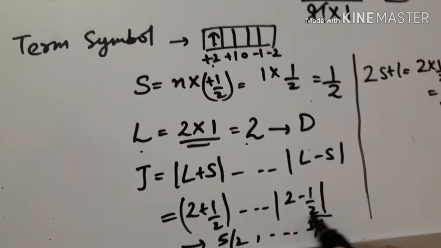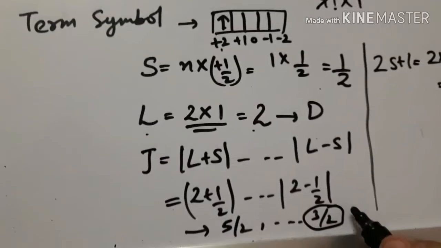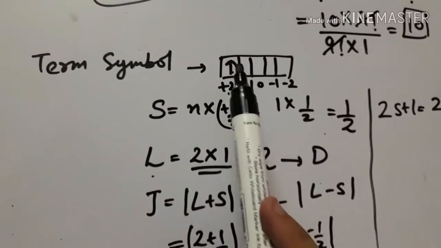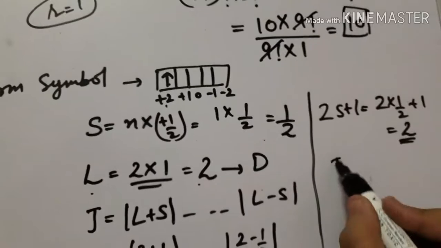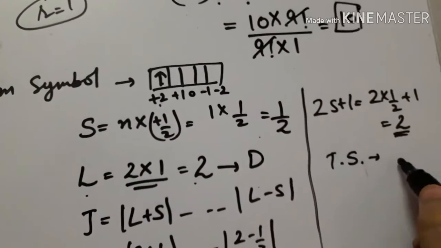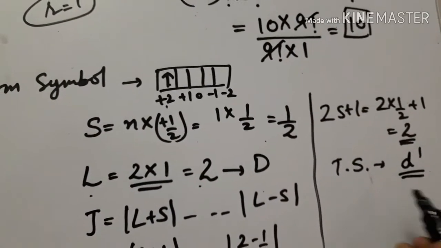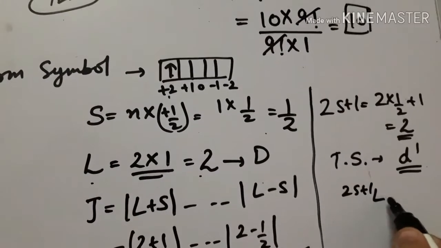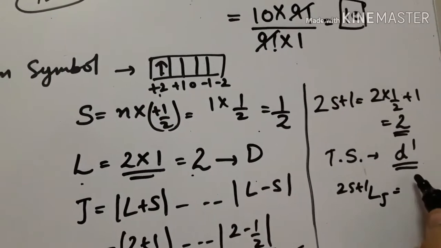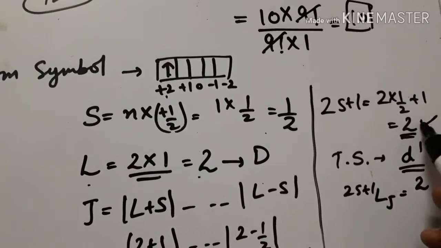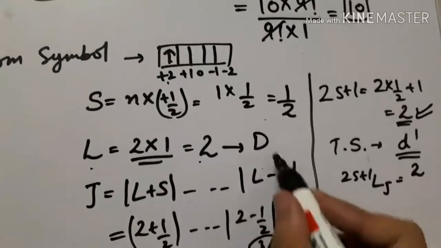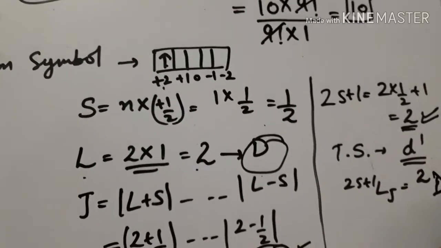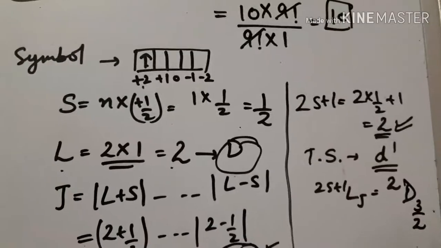So we will take the lowest value of J, because here we have a less than half-filled electronic configuration. So the term symbol for D1 becomes 2S plus 1 L J, that is 2, and L corresponds to D, and J, that is 3 by 2.